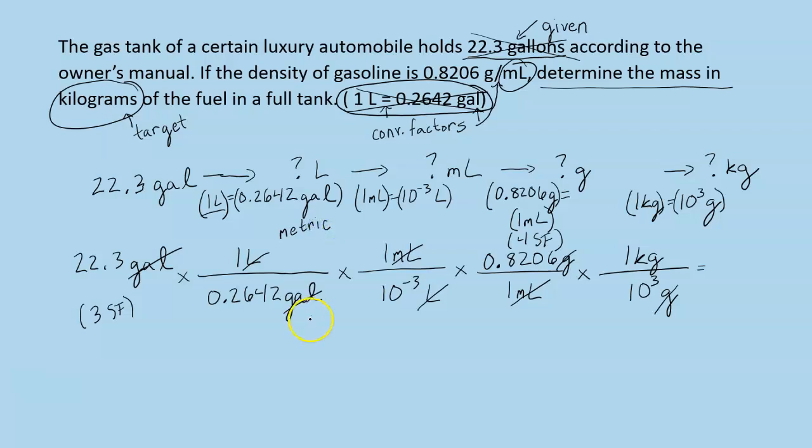You've got metric on top, US on the bottom, and it's not the 2.54 centimeter exception. So this is not exact either, and therefore that is 4 sig figs. Okay, so the least is our given information, and oftentimes that is what happens. We need to limit our answer to 3 sig figs, and we get 69.3 kilograms.